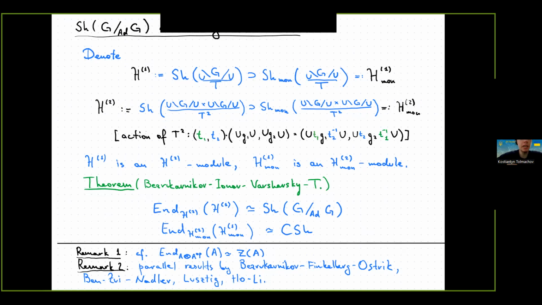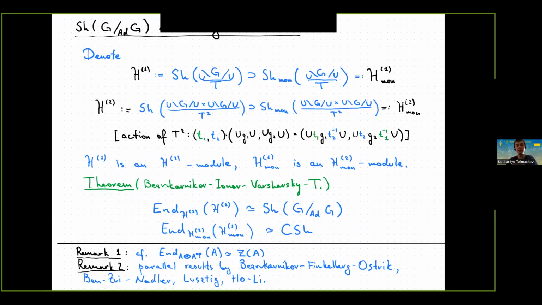So this should be compared with the following statement about algebras, that endomorphisms of A as an A tensor A-op module is the center. So here the role of A is played by the category H1, and the role of this tensor square of the algebra is played by H2.